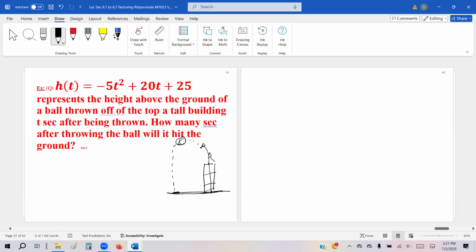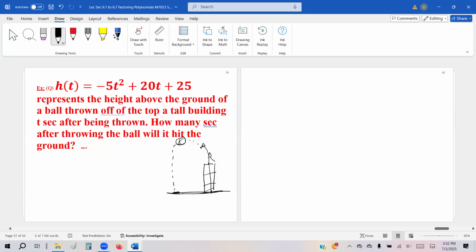When the time is 0, it means you did not throw the ball yet, and the height is 25. It means you're standing at 25, what, 25 feet. We can measure in feet or centimeters or meters. Let's say feet.